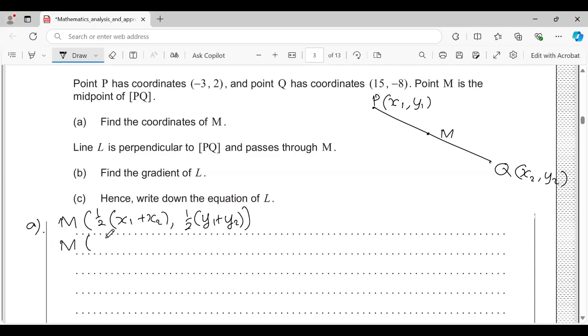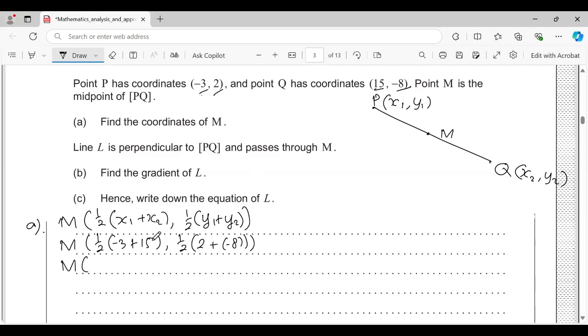So M is half multiplied by, x1 is -3 and x2 is 15, so -3 plus 15, then half multiplied by y1 is 2 and y2 is -8, so 2 plus -8.